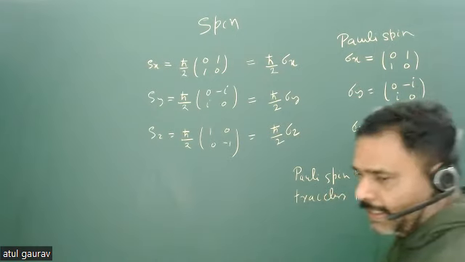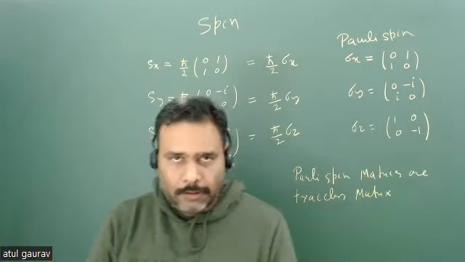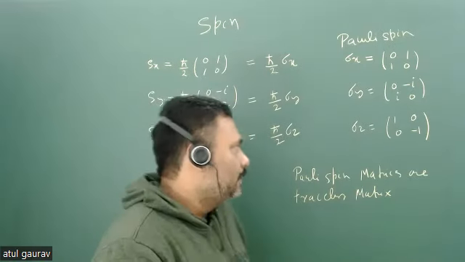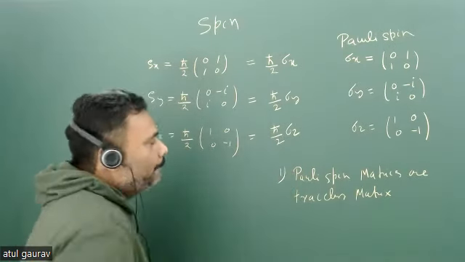What is the meaning of traceless? When you add the diagonal terms, the sum will be 0. So that is traceless in nature. This is your first basic property.